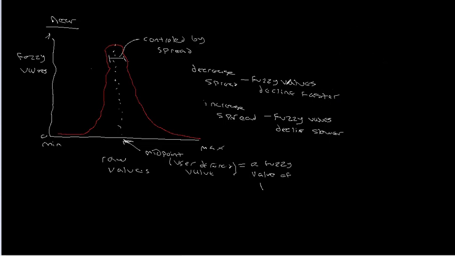And what does that mean in terms of suitability? Let's see graphically what that would look like. Let's put our graph back up here. If this is our original fuzzy membership, and we do this in blue, if we decrease spread, that means this is going to get narrower, meaning fuzzy values decline faster.